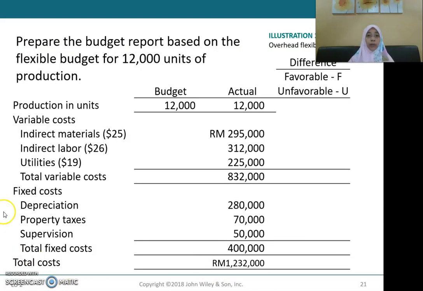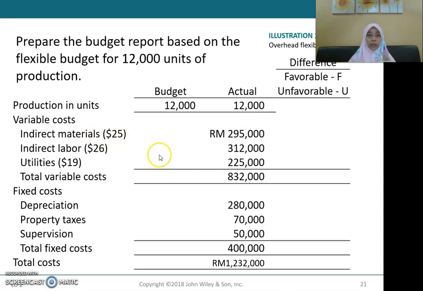So when you prepare the budget report, you prepare that report based on the flexible budget. But now the difference you can see here is that your budgeted figure is 12,000 units. It is no longer 10,000. This is to reflect the same level of activity as the actual cost that you have incurred for 12,000 units.